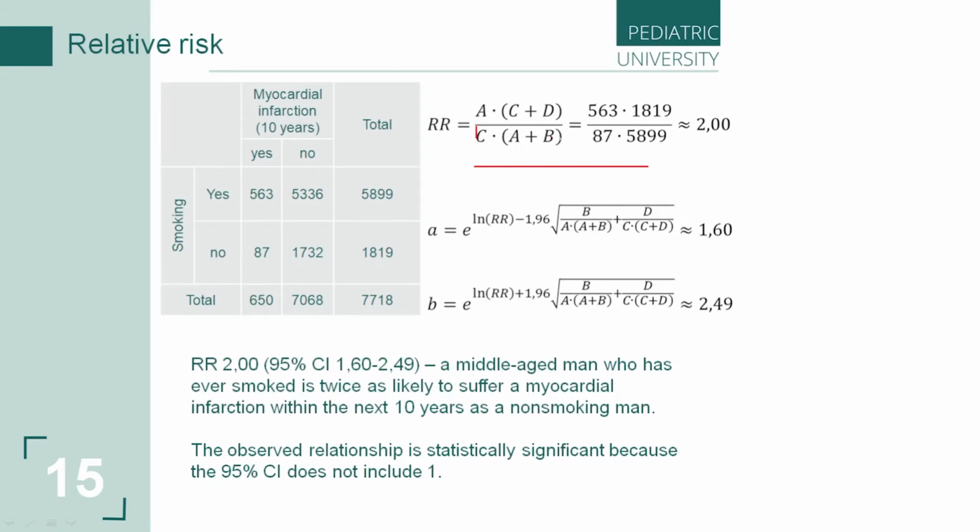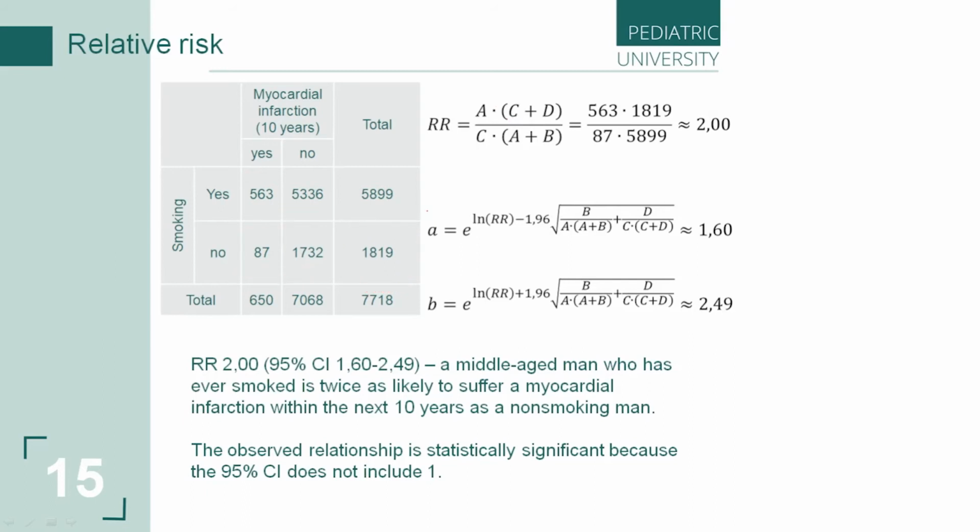So, let's see. A is here. C is here. D, what about D? C plus D, C plus D. We have the result of C plus D here and here, and after that, C here multiplied by the result of A plus B of this line.